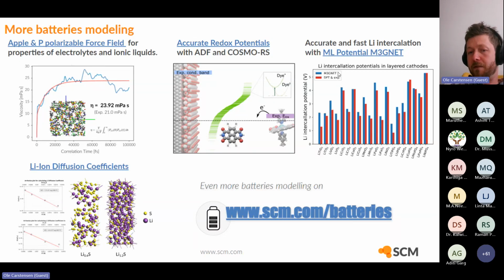M3GNet, the fast machine learning potential, compared to a slow but accurate DFT model or experimental data. And you can see how well the machine learning potential compares here. The exciting bit about this is that the machine learning potential is orders of magnitude faster.